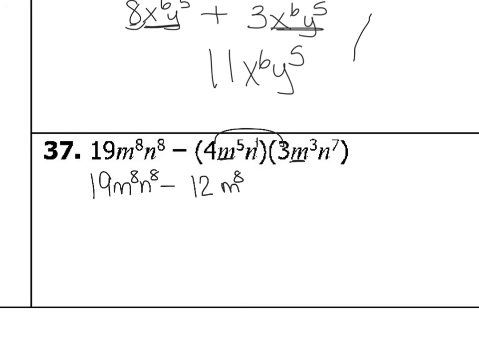Put that invisible 1. And the n's, 1 plus 7 is 8. Now we're adding or subtracting, so we're subtracting. We can only add or subtract like terms. Same variable, same exponent. So they do have the same variable, same exponent. So this would be 19 minus 12 is 7.